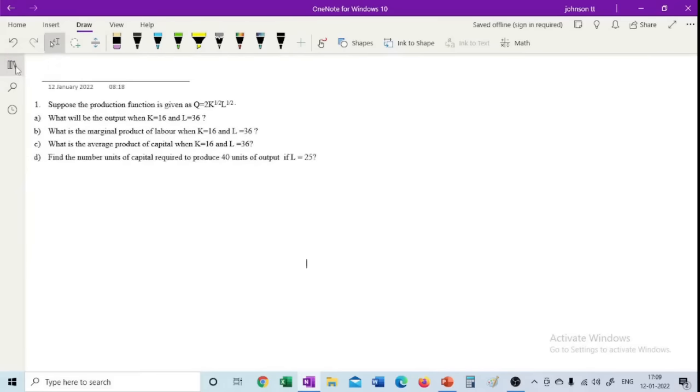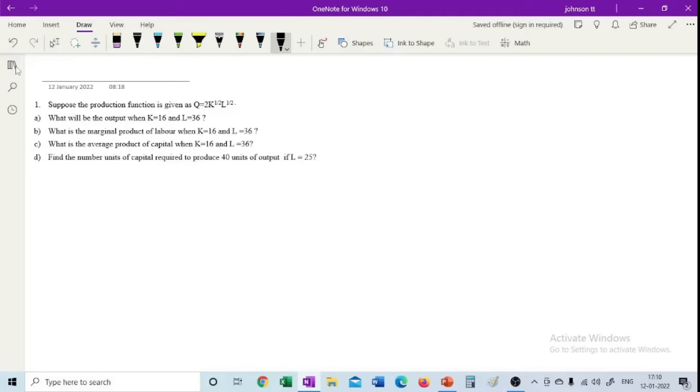Another question, suppose the production function is given as Q equals 2 K raised to 1 by 2 L raised to 1 by 2. What will be the output when K equals 16 and L equals 36? Just we have to substitute the values.